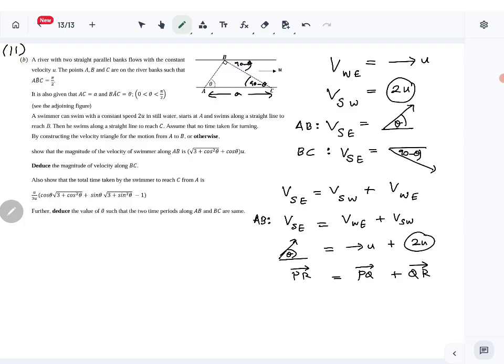So then let's try to draw it. PQ will start with the vector we know, size and direction: P to Q, u. Then QR has length 2u, so we'll take Q as our center and draw a circle of radius 2u.